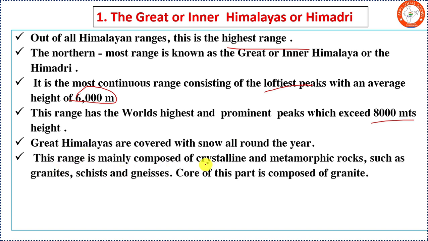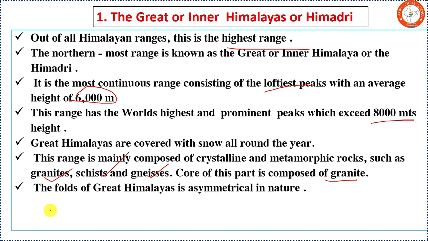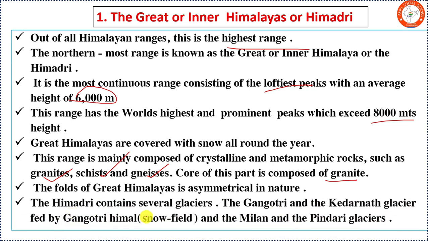This range is mainly composed of crystalline and metamorphic rocks such as granite, schist and gneisses. The core of this part is composed of granite. The fold of the Great Himalaya is asymmetrical in nature. The Himadri contains several glaciers like Gangotri, Yamunotri, Badrinath and Kedarnath.